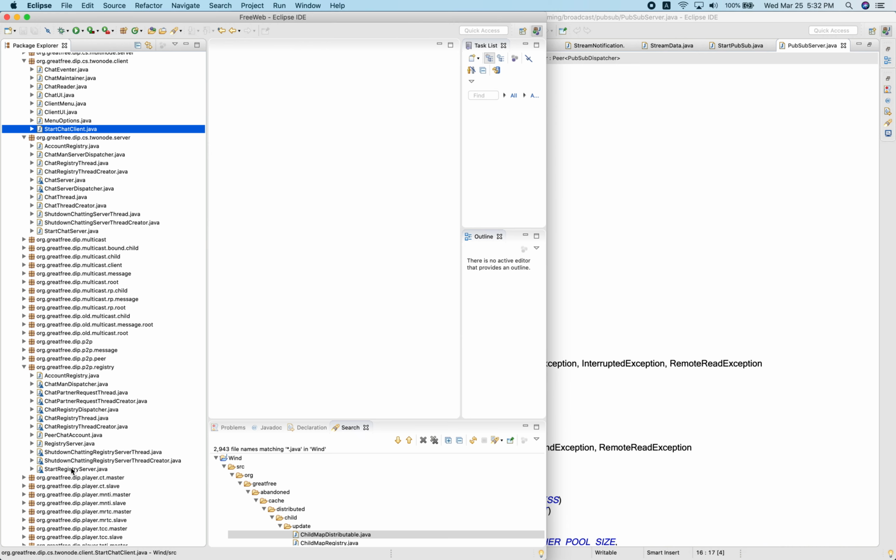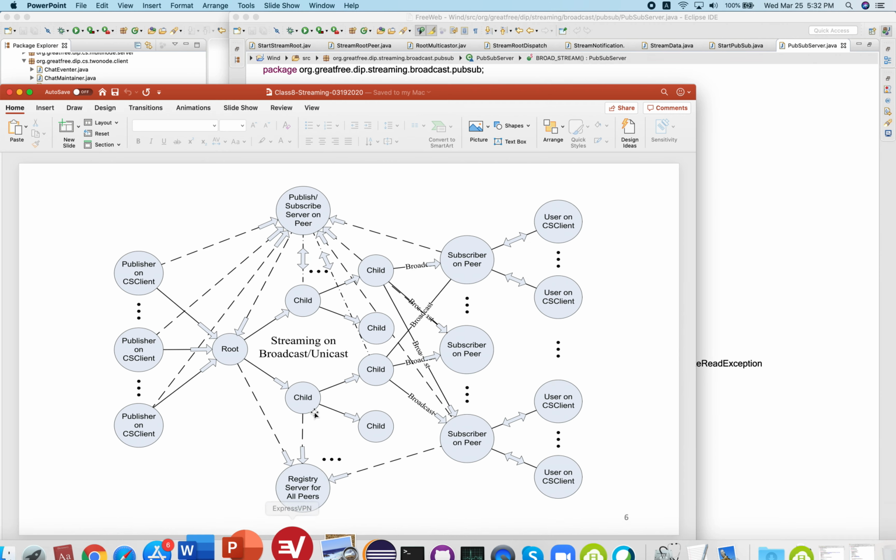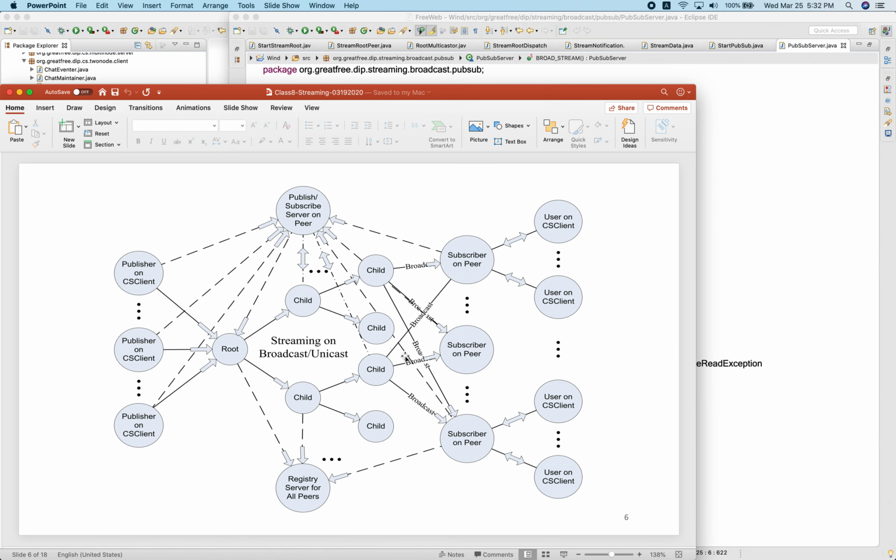In this case, there are a lot of distributed nodes implemented on peer, subscriber, and all the children, and even the root. So all this is registry server. We already know about that. Now we talk about this node, this distributed node.